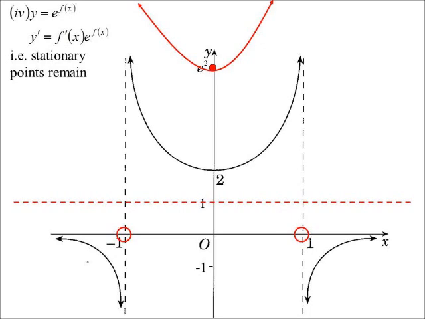Our derivative is the derivative times e to the function x. When we multiply two things together, which one of those will dominate? Exponentials will always dominate. So what is e to the function x doing? Well, e to the function x would be approaching 0, because e to the function x is the y value.